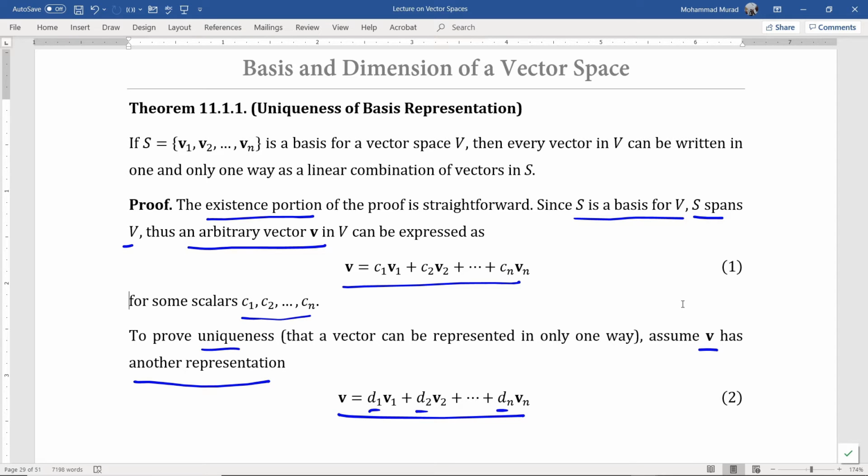We want to show that the corresponding coefficients in these two equations are equal, namely c sub 1 equals d sub 1, c sub 2 equals d sub 2, and all the way up to c sub n equals d sub n. Thus, the uniqueness of the representation will be proved.